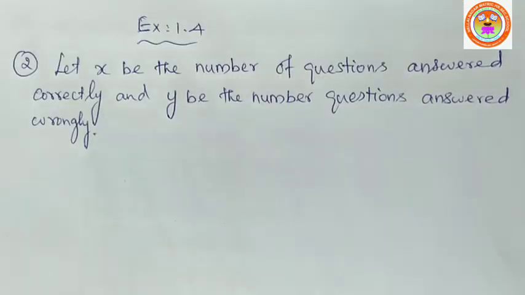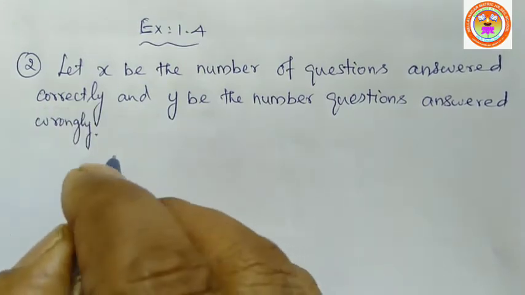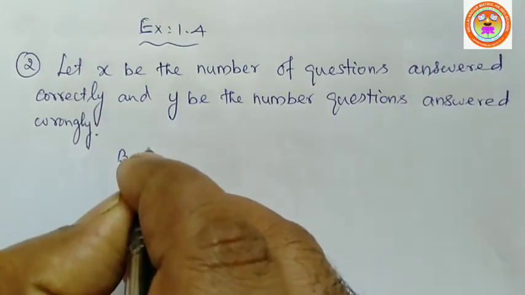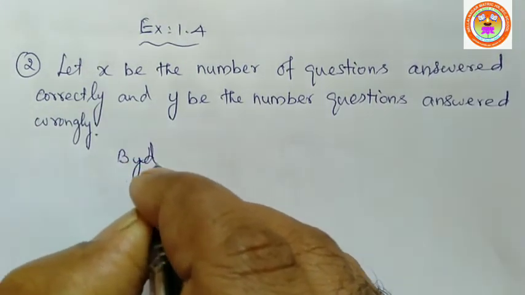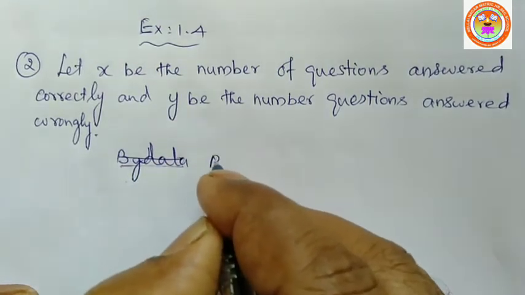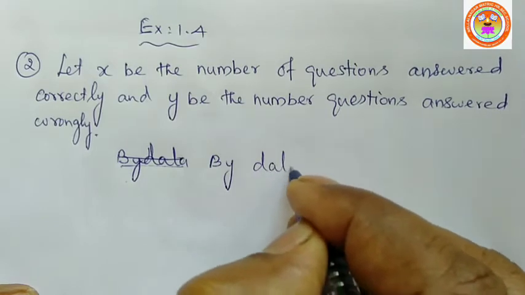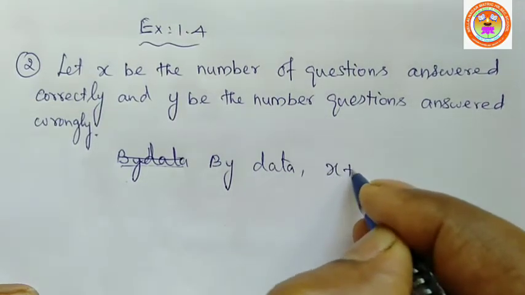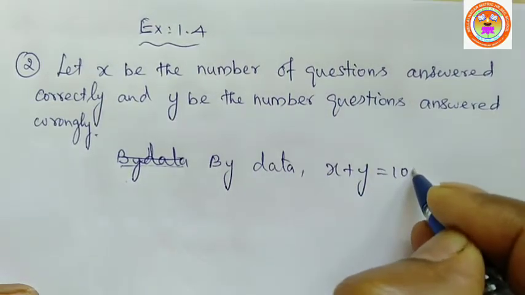So let x be the number of questions answered correctly and y be the number of questions answered wrongly. So by data, x plus y is equal to 100, right? By data means according to the problem, x plus y is equal to 100.